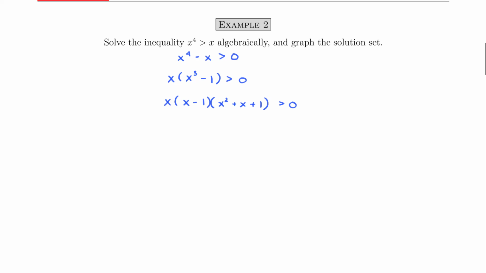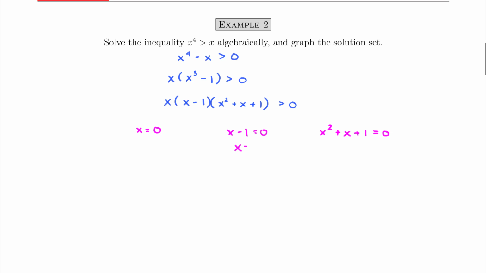All this is greater than 0. So let's take our three factors and set each factor equal to 0 to find our critical values for x. The first one, x equals 0, is already done for us. We don't have any work to do.